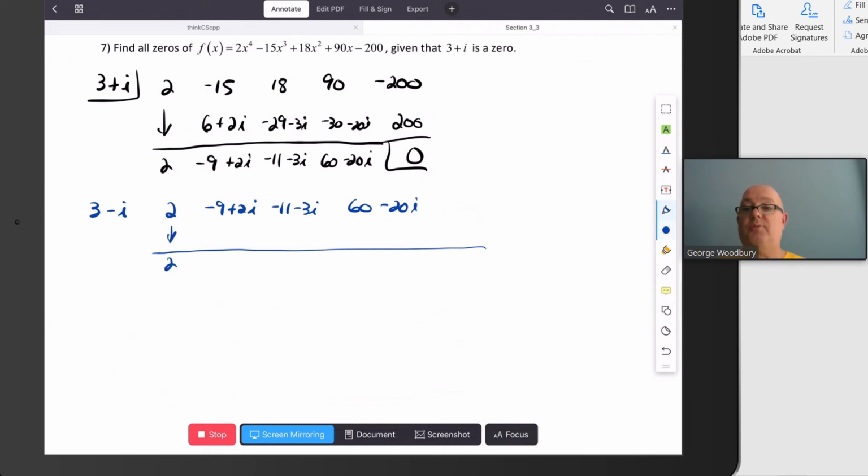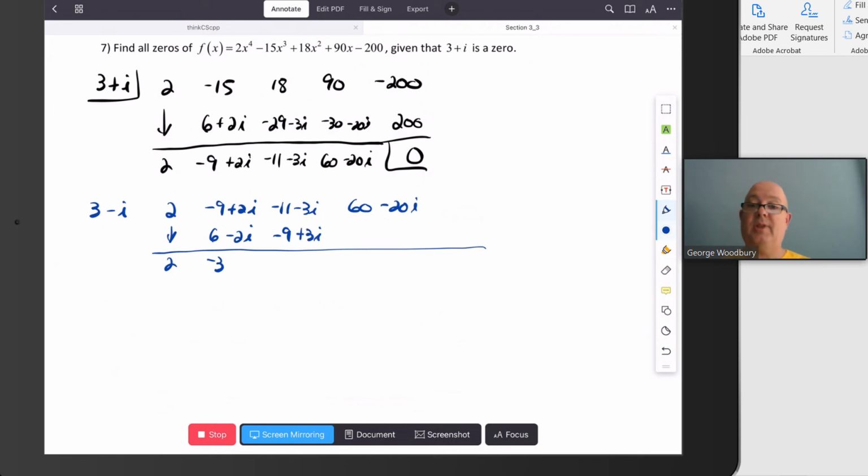Let's bring down the 2. 3 minus i times 2 is 6 minus 2i. Total that column. Negative 9 plus 6 is negative 3. 2i minus 2i is 0. So that is just negative 3. That makes the multiplication a little easier this time. 3 minus i times negative 3 is negative 9 plus 3i.